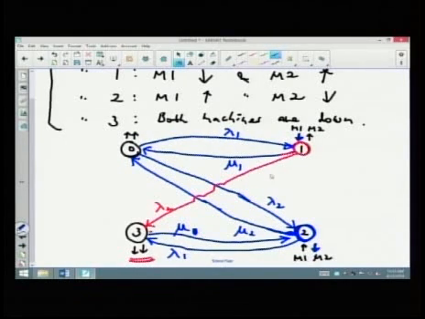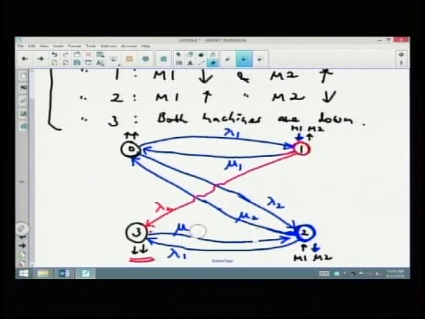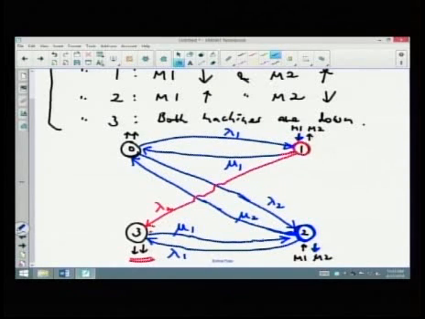So let me write down this. This is mu2. So let me move this. And then this is mu1, right? Does that make sense, right? Okay, now start from state number 3.